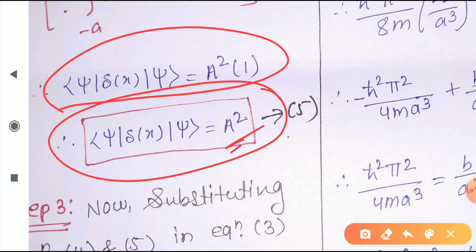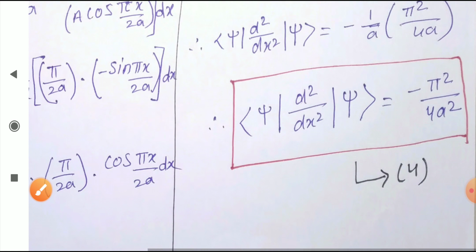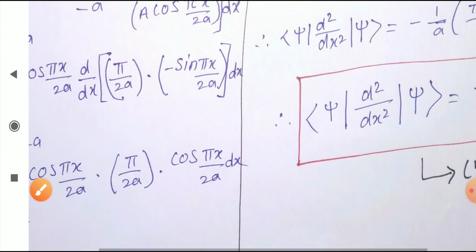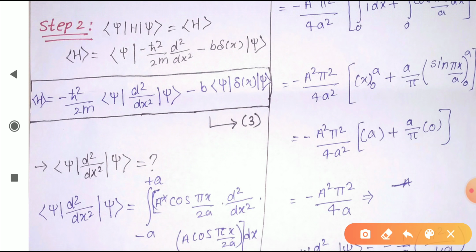I have given this as equation number 5, and the first term answer that we have got, I have given as equation number 4. So we'll substitute equation number 5 and equation number 4 in equation number 3. Here we'll substitute this term value, and here we will substitute this term value.